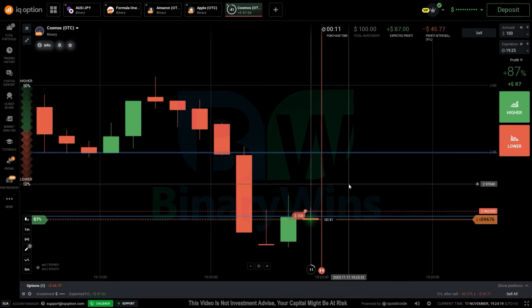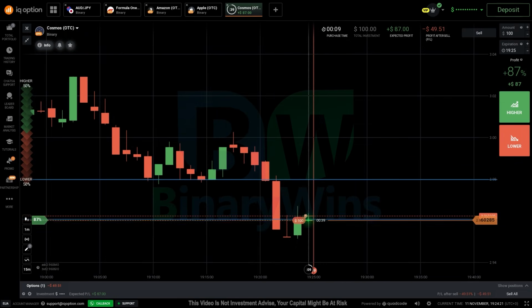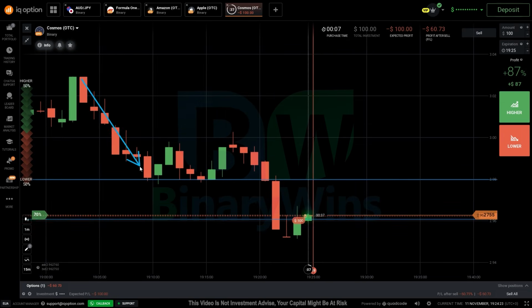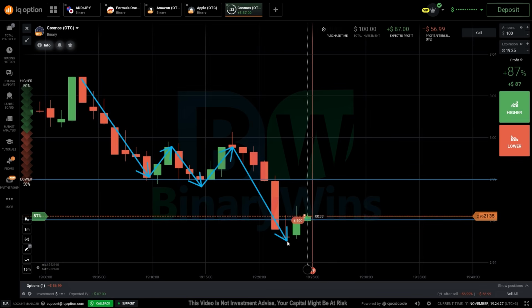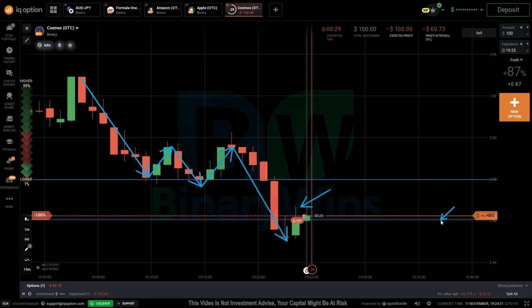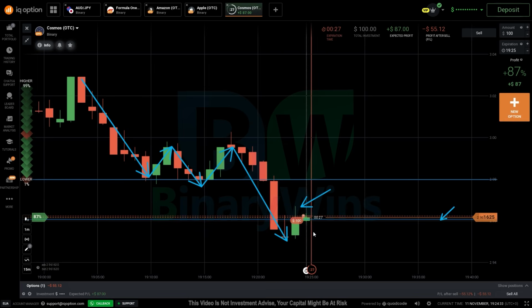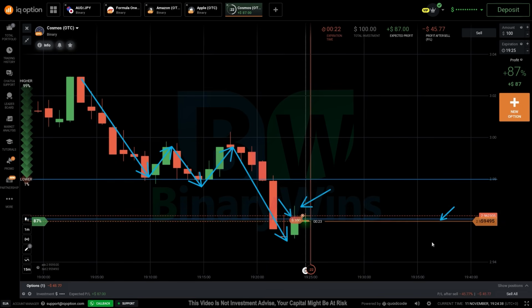I entered the lower trade. You can see our trend is a downtrend. The green candle received pressure and rejection from my level and could not break through the level.